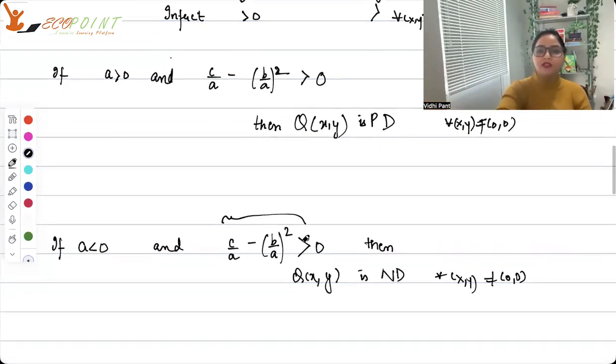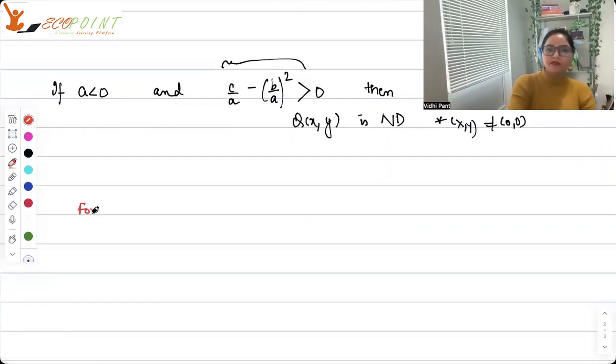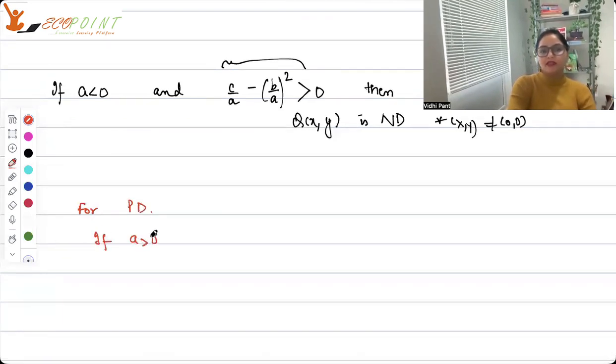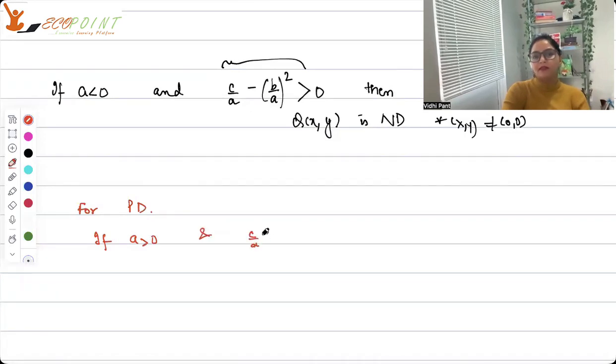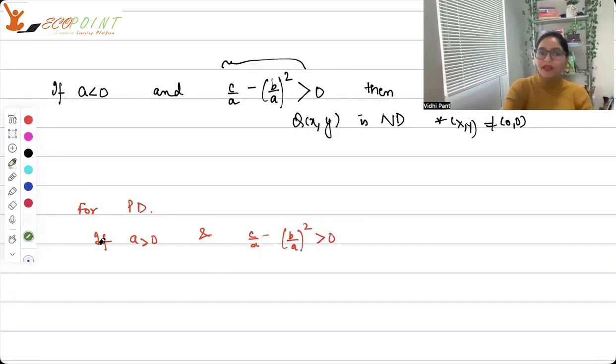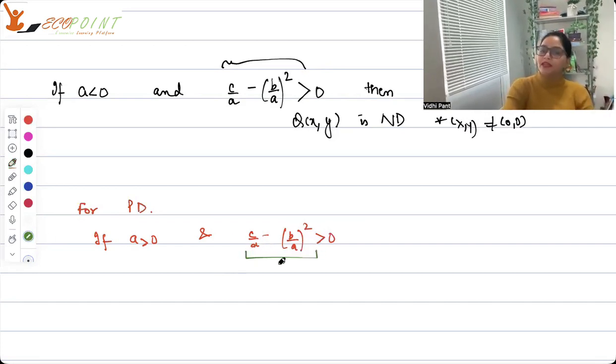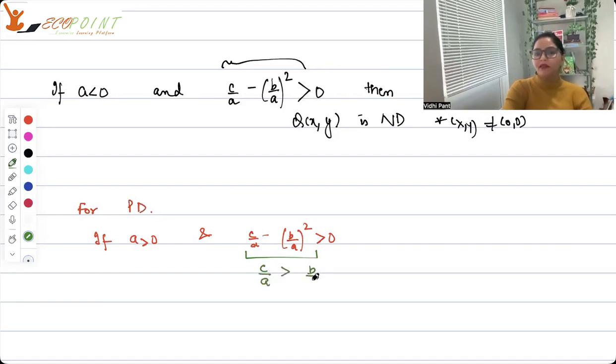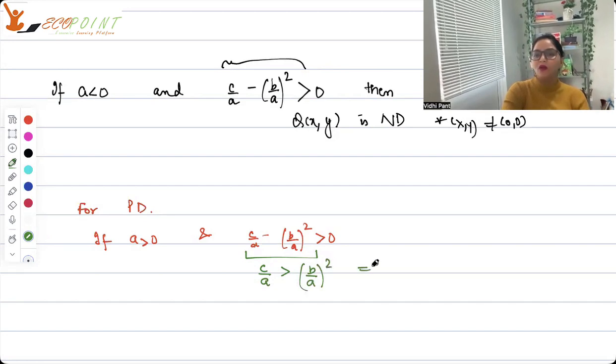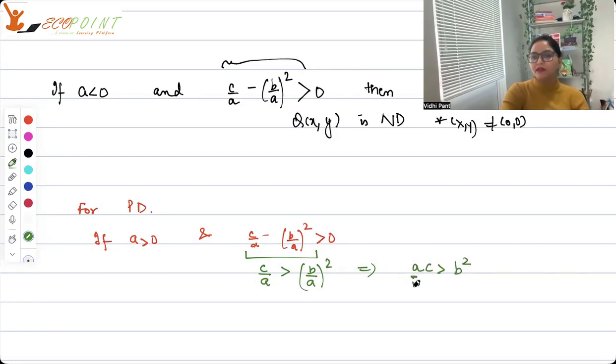So what is the condition that you have figured out? So for positive definite, if a is strictly greater than 0 and c by a minus (b by a) square is strictly greater than 0. Now, what you get from here is another thing. So, a is positive. From here, you get c by a is greater than (b upon a) whole square. Or in other words, ac is greater than b square. Now, a is positive. b square is positive.